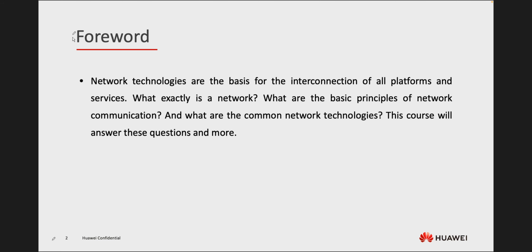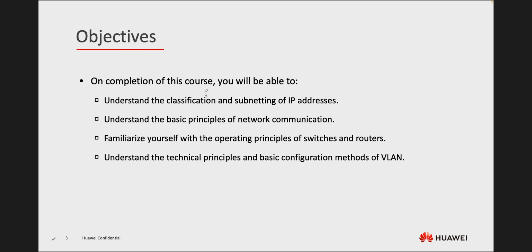So these are the basis of how interconnection and all the platforms work together. And you need to understand that the network being responsible for us receiving information is very important. And so we need to understand how to classify certain networks by subnetting IP addresses. So we'll go through that.